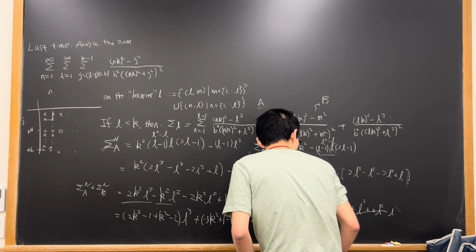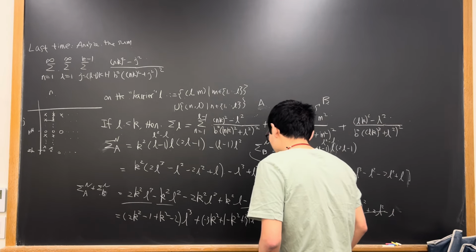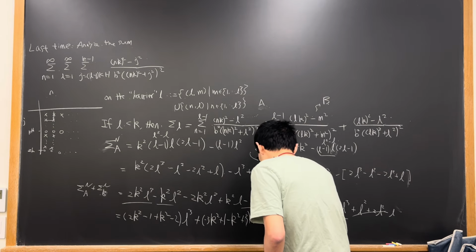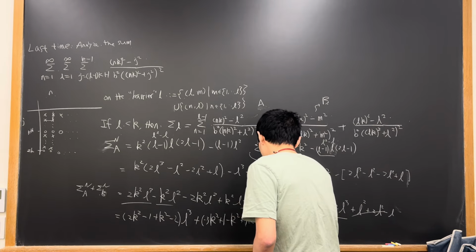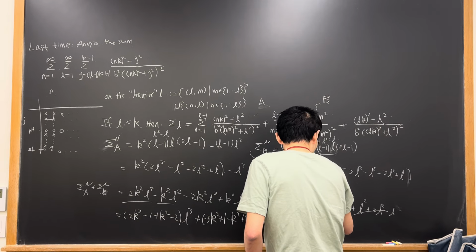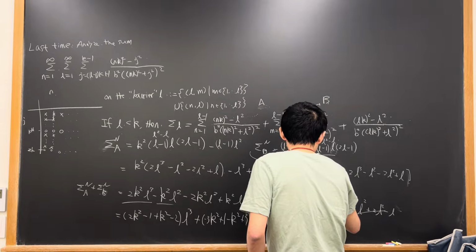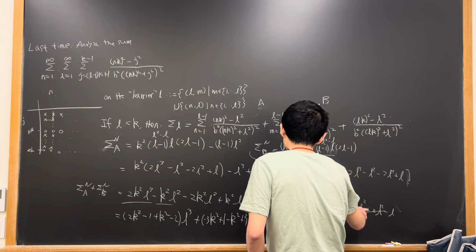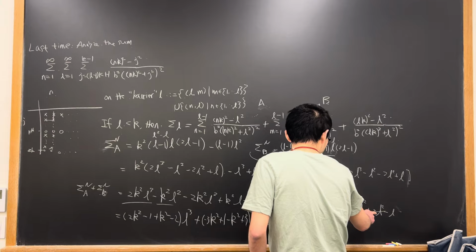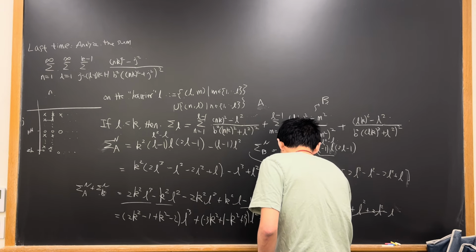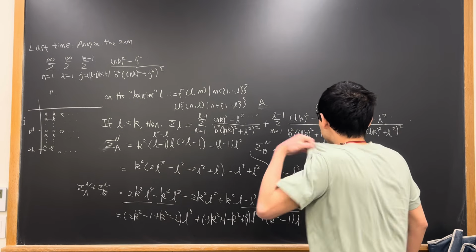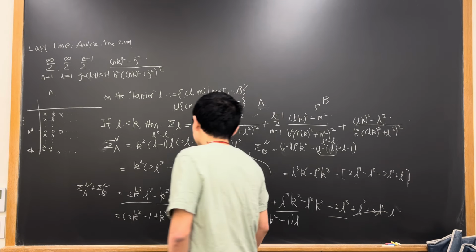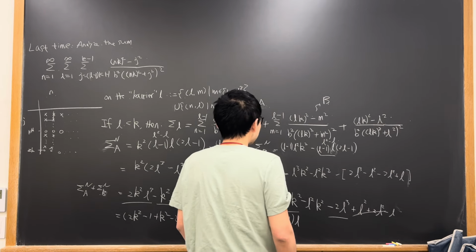L squared. And then for the L term, plus k squared and minus 1 L.